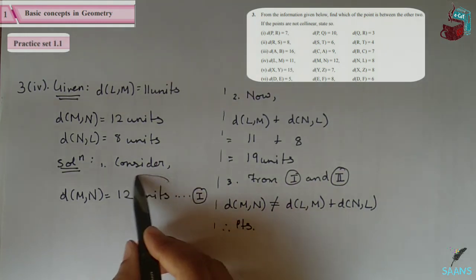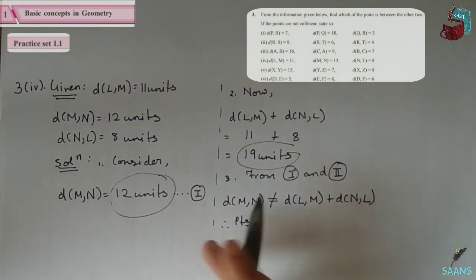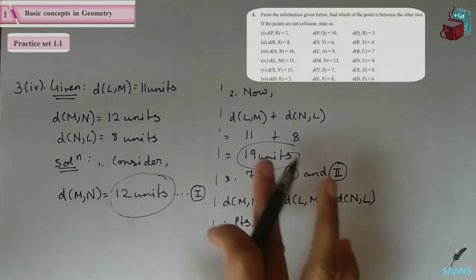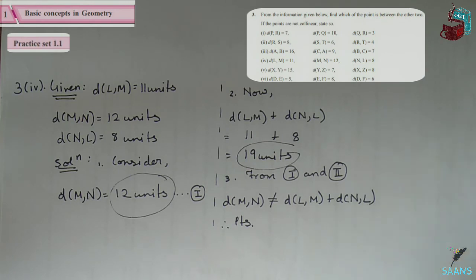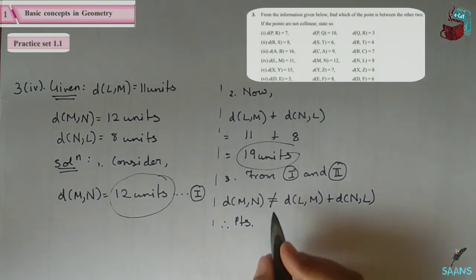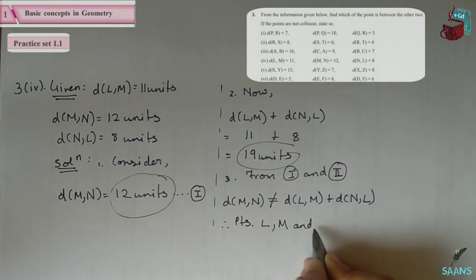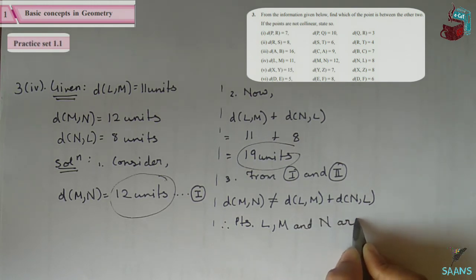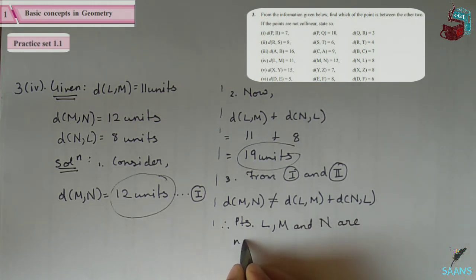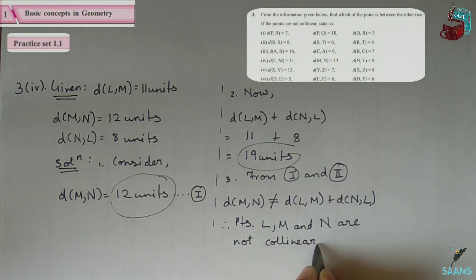This is coming to be 12, this is coming to be 19. So the greatest one and the sum of the other two are not the same. So points L, M and N are not collinear. Okay, so this is the sum.